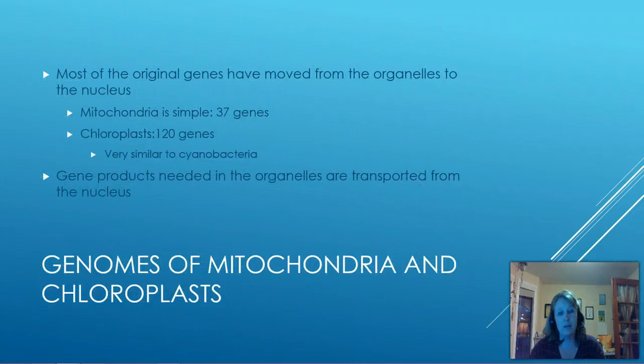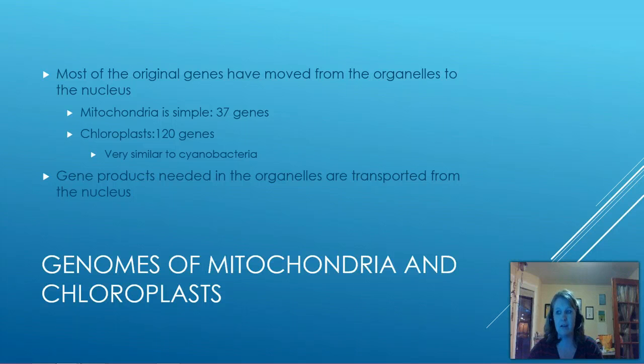So let's talk a little bit about these organelles. We keep talking about the fact that there's this genome, they have genes, they have all this stuff. And most of those original genes that any bacterium would have to survive on their own have actually migrated to the nucleus of the eukaryotic cell. So the nucleus of the eukaryotic cell has most of the genes for these organelles. However, mitochondria and chloroplasts still have their own genes.